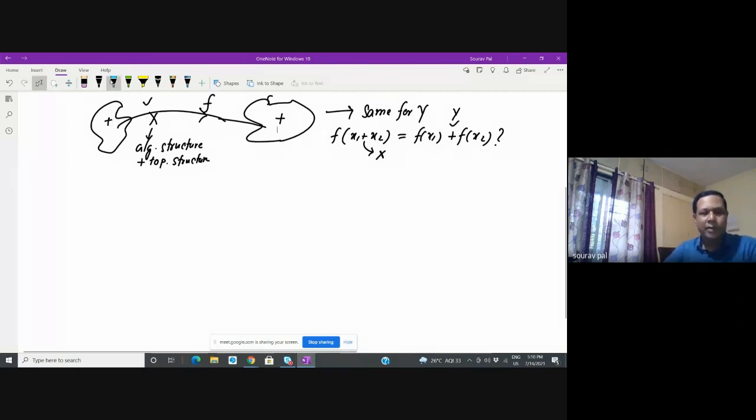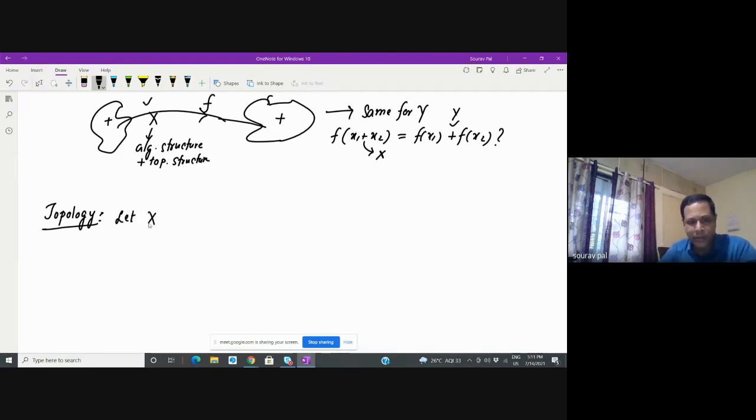Nevertheless, let us begin with the basic notion of topology. So what is a topology? We begin with a non-empty set.